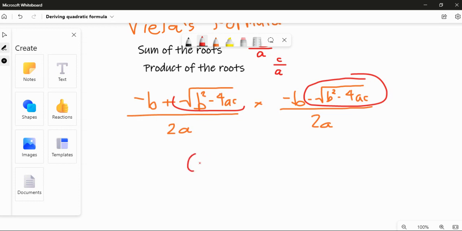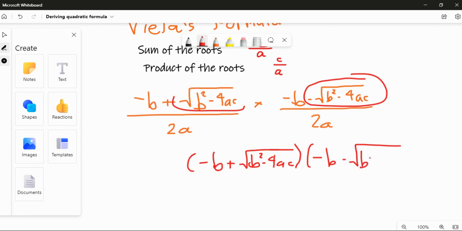So negative b plus the square root of b squared minus 4ac, multiplied by negative b minus the square root of b squared minus 4ac, and we can square these two, and you get 4a squared.